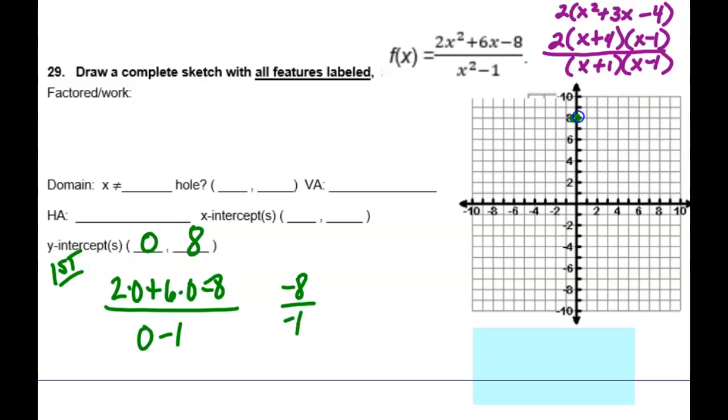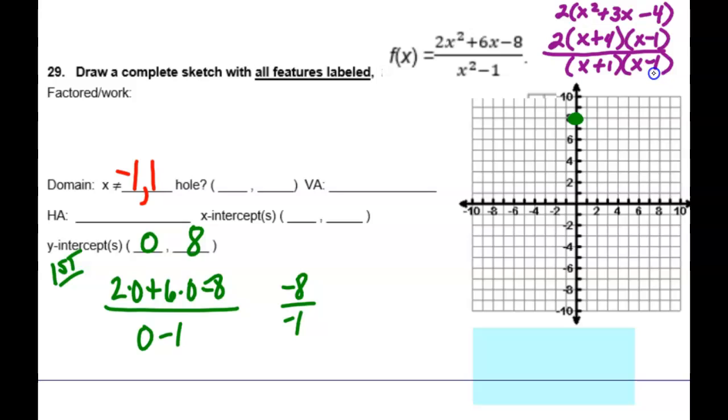So it crosses the y up here at 8. Then we factor, what are the domain restrictions? X cannot equal -1 or +1. You have to find the domain restrictions before you cancel.